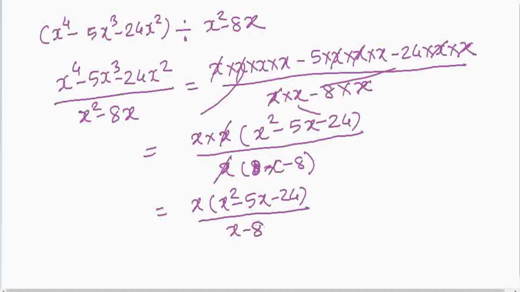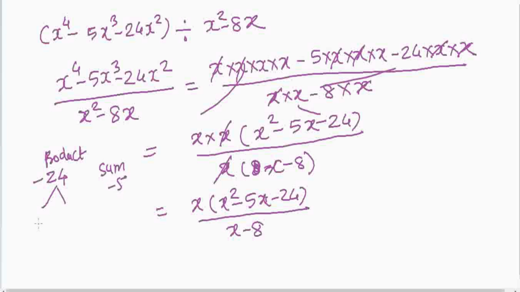Now we will see this is a trinomial, x square minus 5x minus 24, so we need two numbers whose product is minus 24 and whose sum is minus 5.